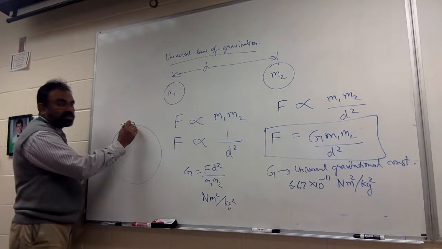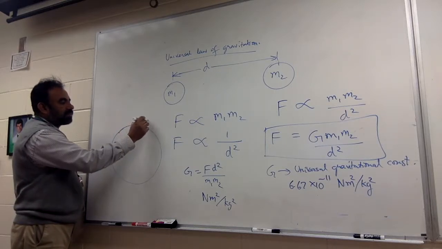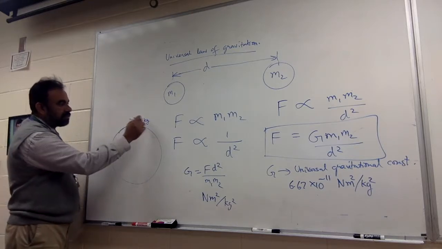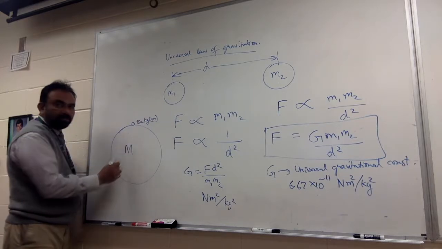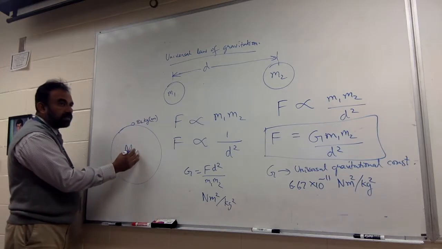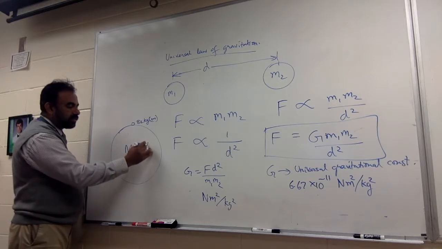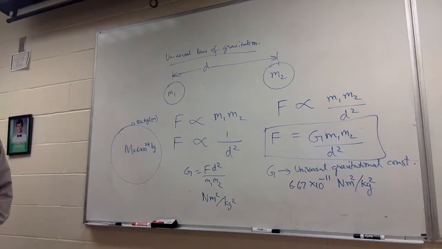So my mass is 82 kilograms. And the earth's mass is 6 followed by 24 zeros kilograms. So the earth's mass is 6 times 10 power 24 kilograms.